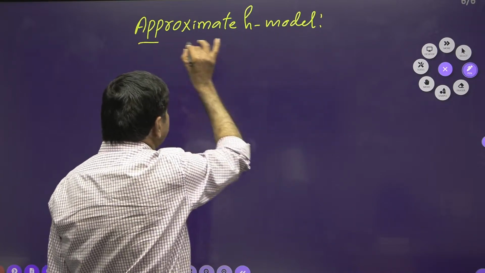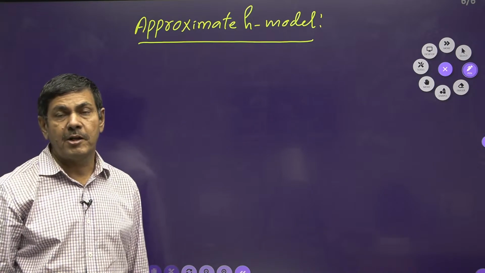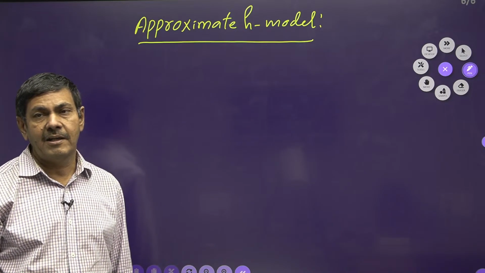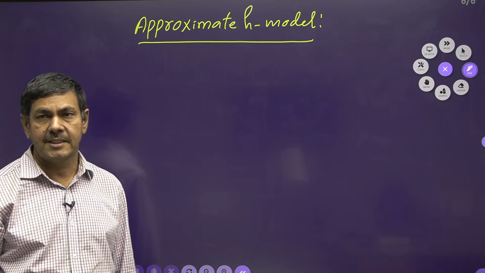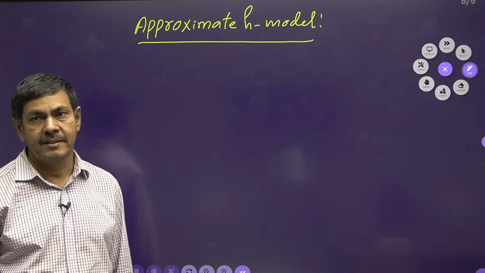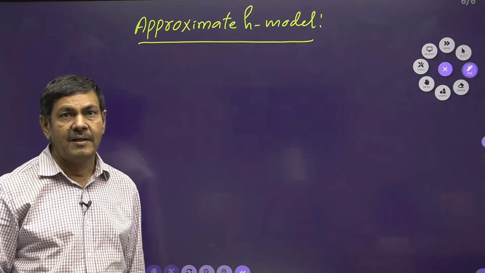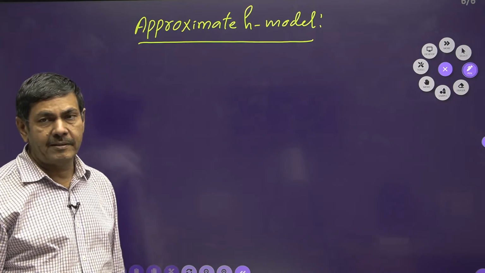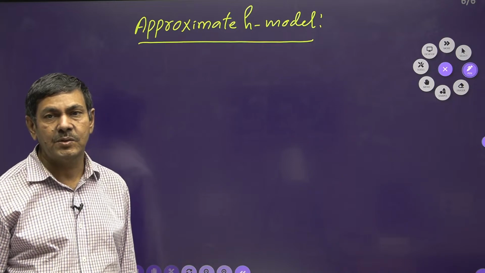How will that model be applicable? We are doing the H parameter model when all H parameters are given: HI, HR, HFE, HOE. When all the H parameters are given, you apply the H model. The approximate H model you apply when you are given HIE and also HFE.